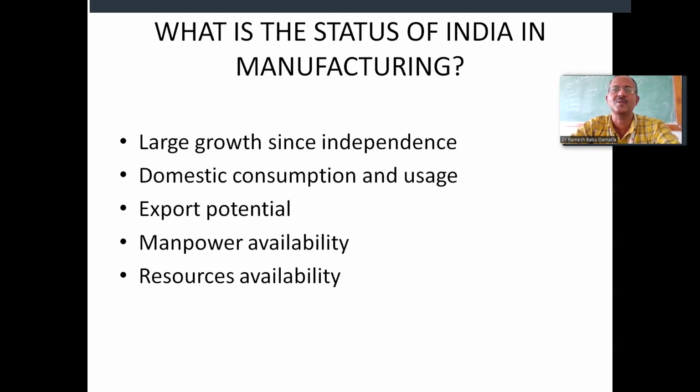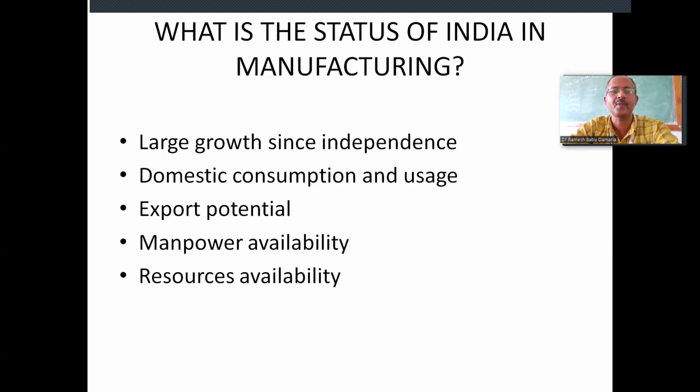Let us have a look at the status of manufacturing activities in India. Since independence, the growth curve is exponential. And there is a large scope in the country because we are surplus in agriculture produce. We have sufficient resources of water, land, manpower at reasonable charges.